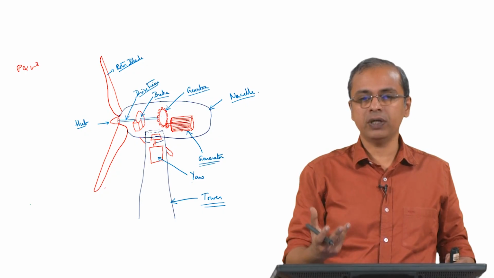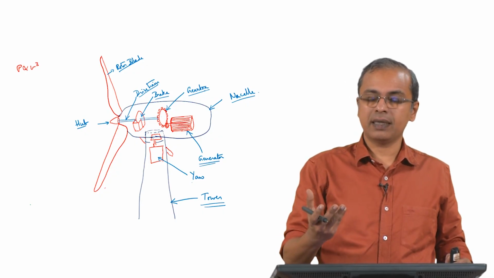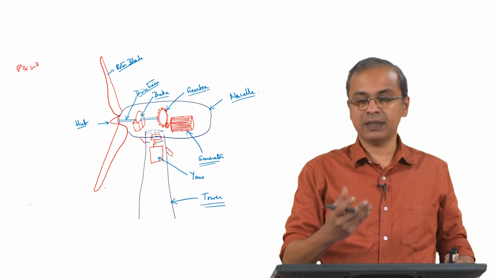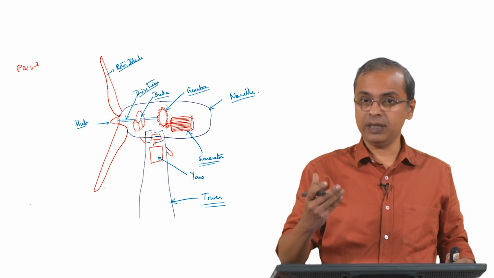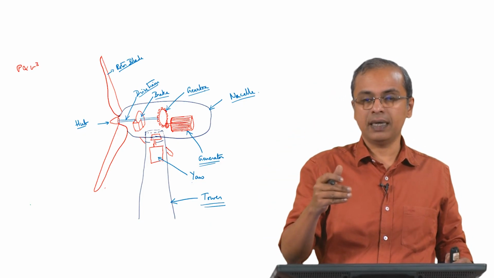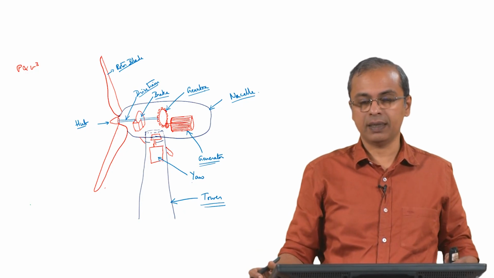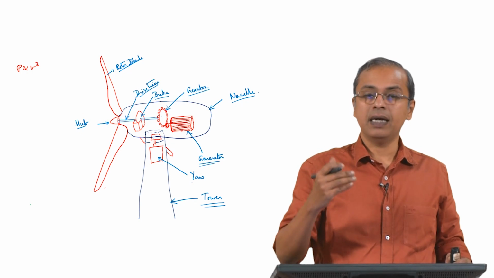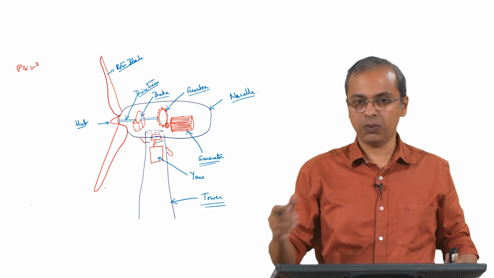If you see the modern designs of wind turbines, you are already looking at blades that are approaching 50 or 60 meters in length, and therefore the tower is actually taller than that, because at the lowest point you do not want the blades to be close to the ground, to hit something on the ground, or be unsafe for any such reason. Plus, you also want it a little bit off the ground to ensure some steady flow of wind even at the lowest point.